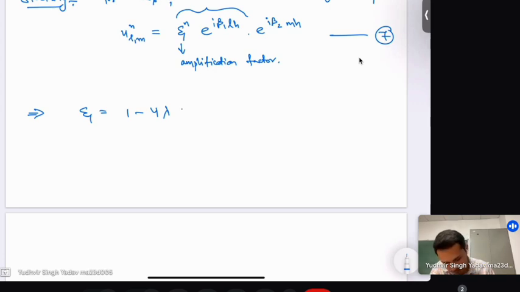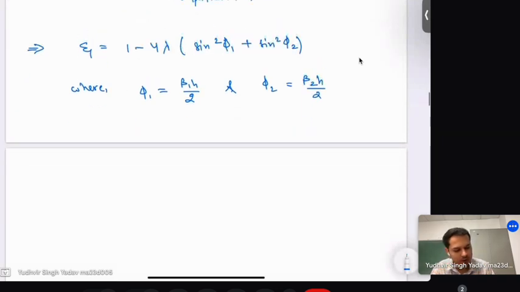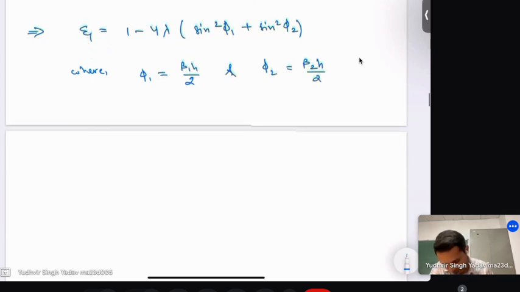So here you will obtain xi as 1 minus 4 lambda times sine square phi 1 plus sine square phi 2, where phi 1 is beta 1 h by 2 and phi 2 is beta 2 h by 2. Now, these are just the notations we have used. After simple calculations, one can arrive here.